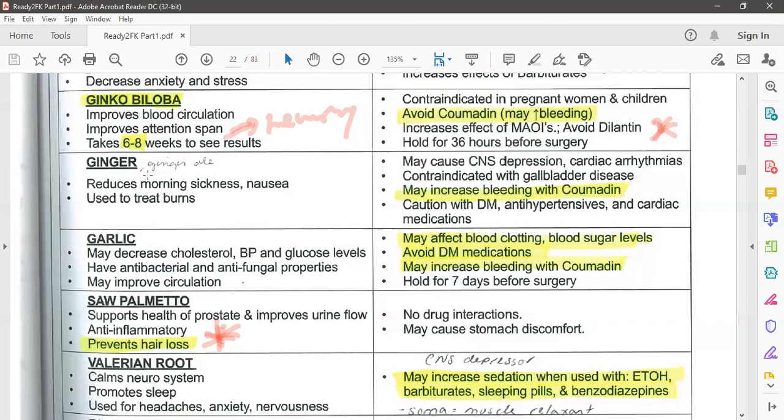Another medication here is called ginger. So ginger is most commonly used to treat heartburn or motion sickness, nausea or heartburn, right? So contraindication of ginger if your patient has a gallbladder disease. So ginger may cause central nervous system depression or gallbladder disease, or may increase the bleeding of coumadin.